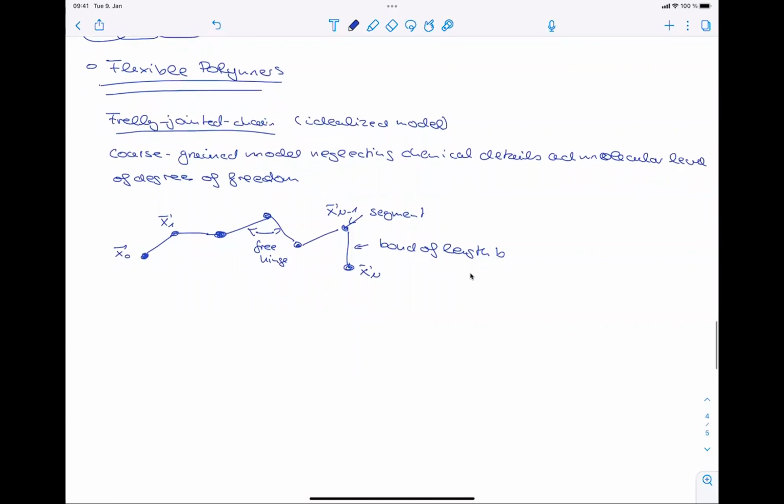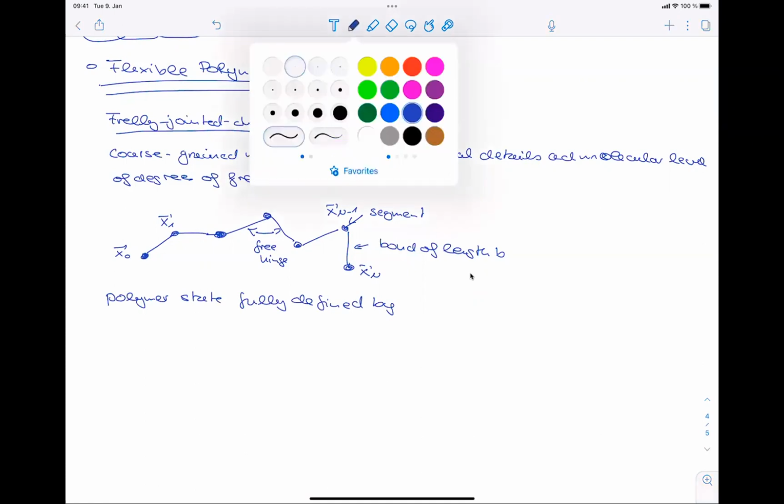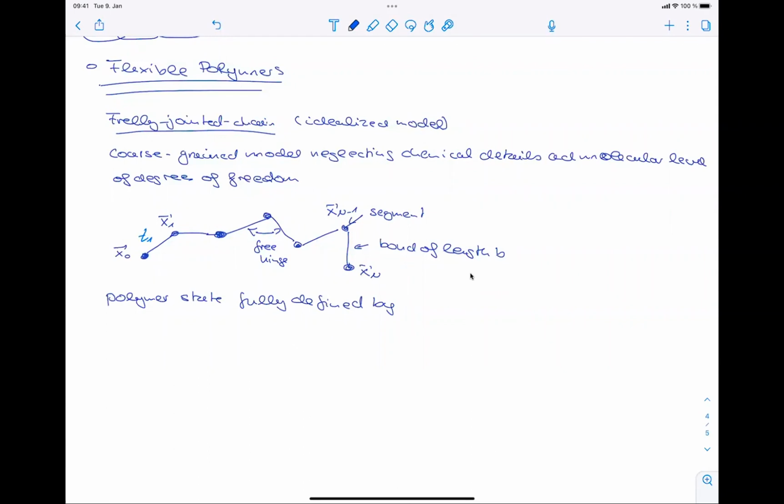And then the polymer state, so a polymer configuration, is fully defined by the set of position vectors, or even one degree less, by the set of tangents, setting up the direction of the individual bonds, t_1, t_2, and so on, where the t_i are defined as being x_i minus x_{i-1}.